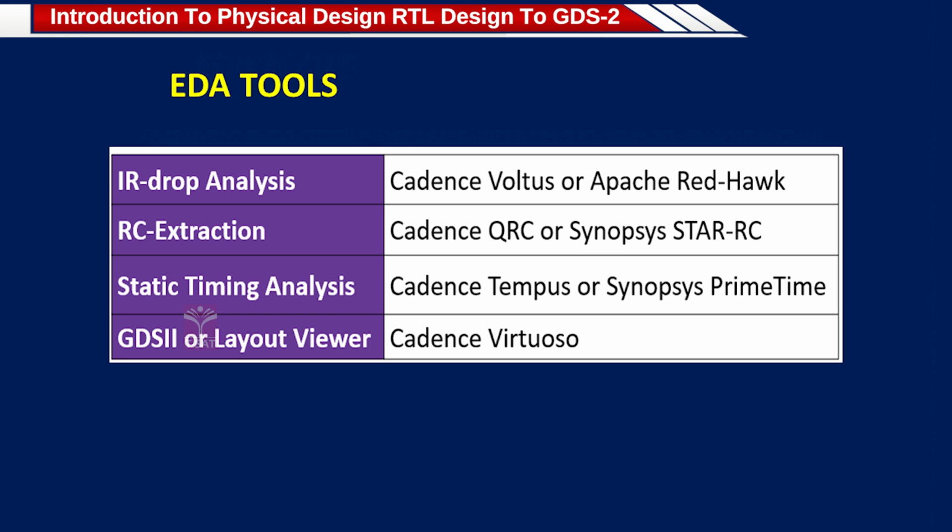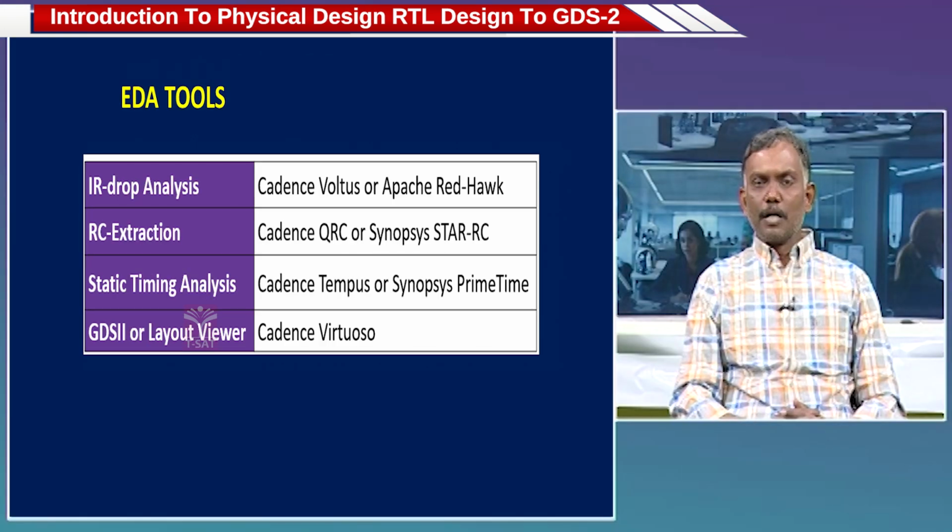For RC extraction, Cadence QRC and Synopsys StarRC. These are the tools for extracting resistance and capacitance from your design on the post PNR database. And for STA, static timing analysis, Cadence Tempus and Synopsys PrimeTime. These are the tools.